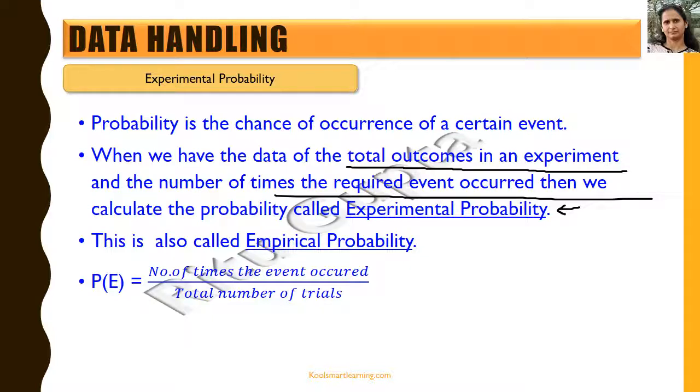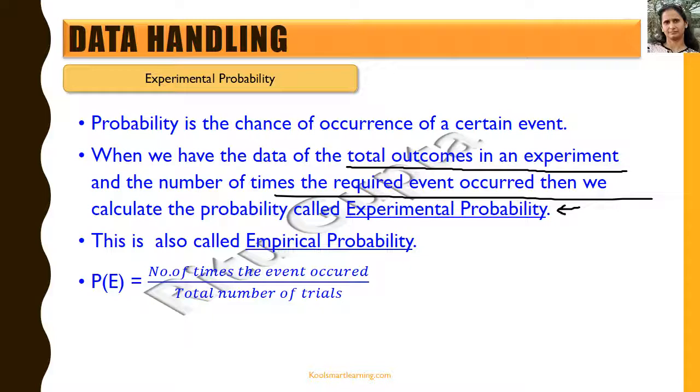Say for example we have team A and team B playing a match, say a cricket match. These two teams have played 10 matches together, and the event we define is team A winning.